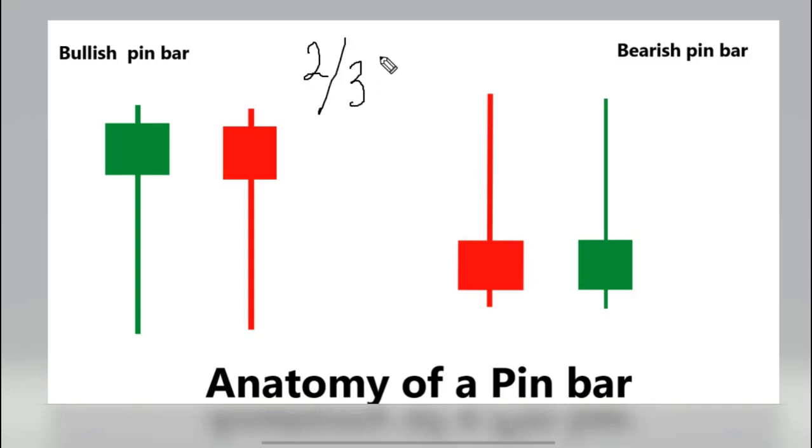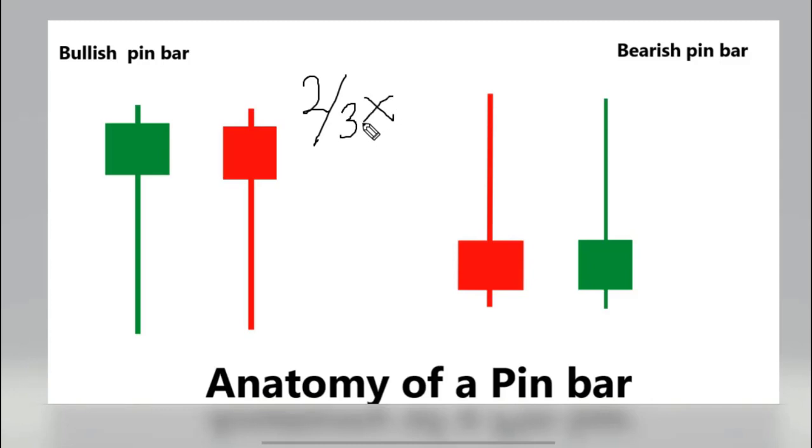You can simply multiply this by x. X simply represents the coefficient of the value of the tail. Do not get confused with the mathematical terms right here. What I mean is the pips value of the tail, you simply multiply it by 2/3.